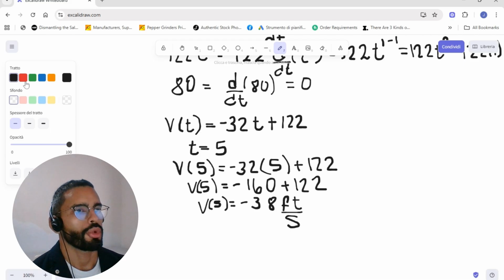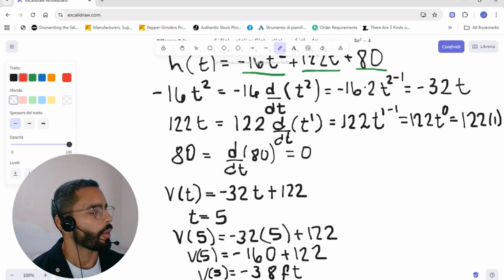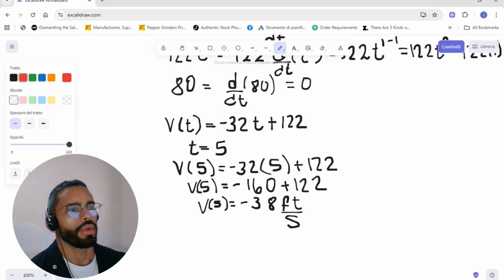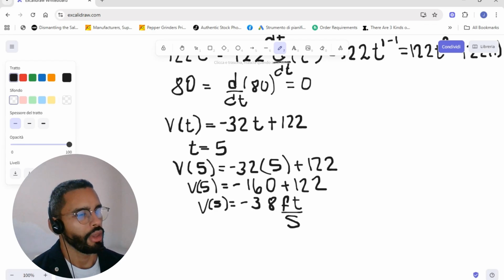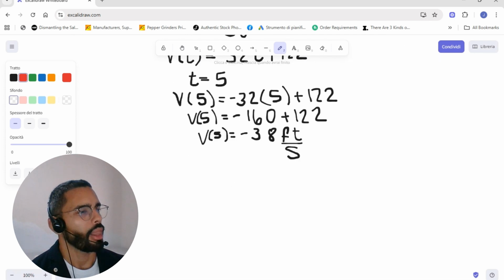We have covered a lot, but let's notice something here. We got a negative velocity. So what does this mean? What is this telling us? No worries.